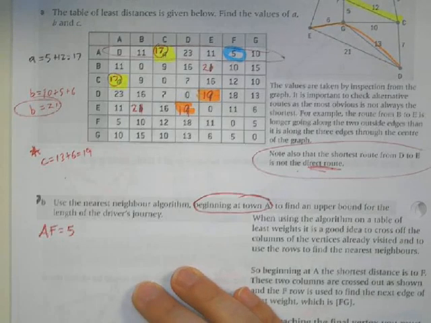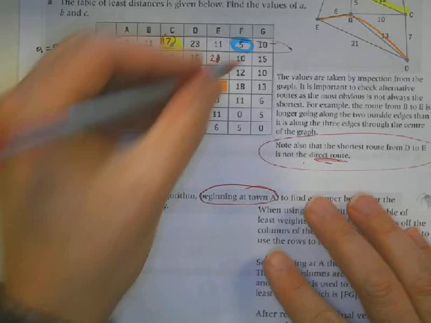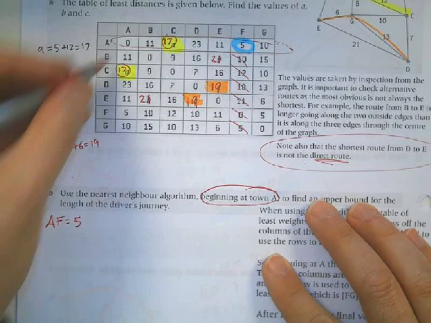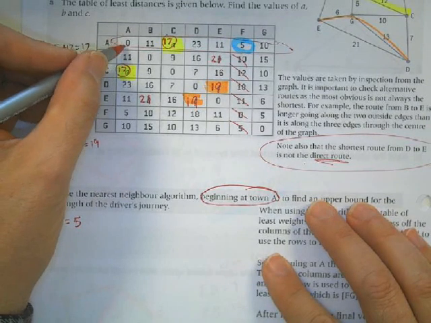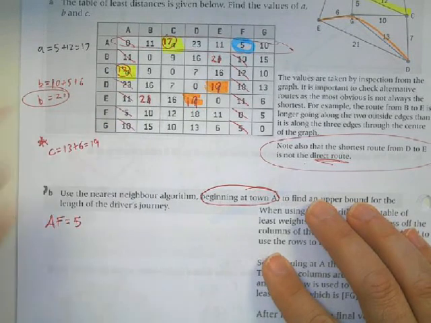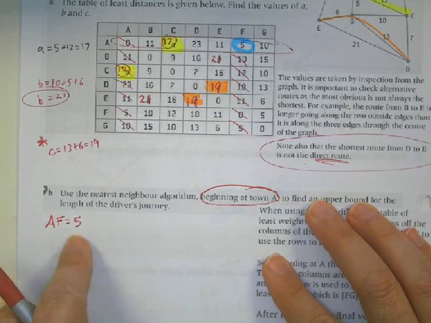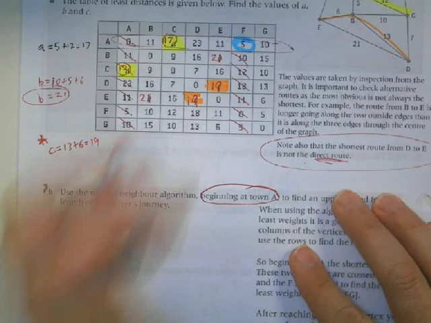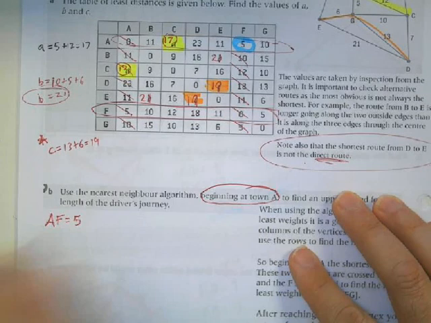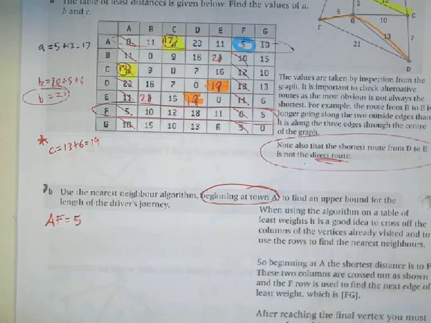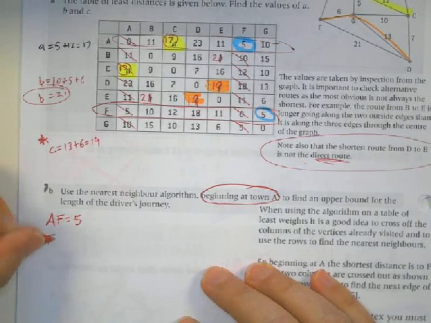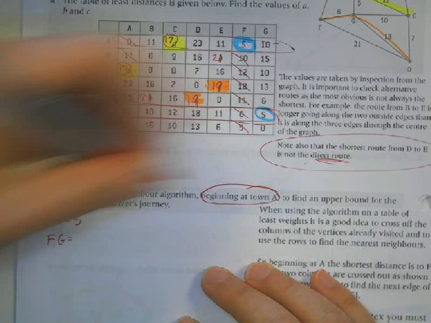So now everything on this I'm going to cross out, and I'm going to cross off everything here too, because I'm not going back to A until I'm done. So now from F, I'm going to look at row F, and the smallest one available there is to G. So now I'm going to go from F to G, and that value is 5.